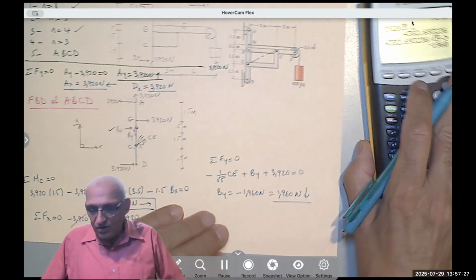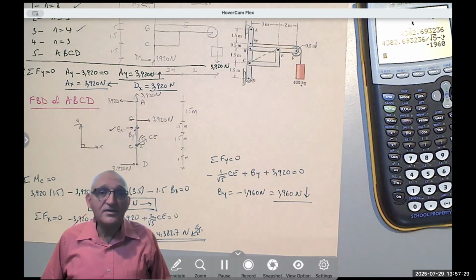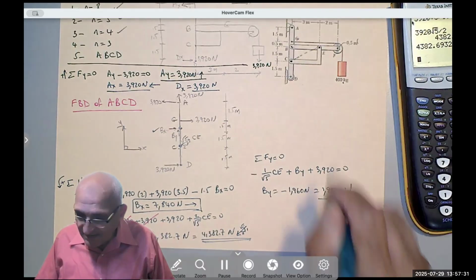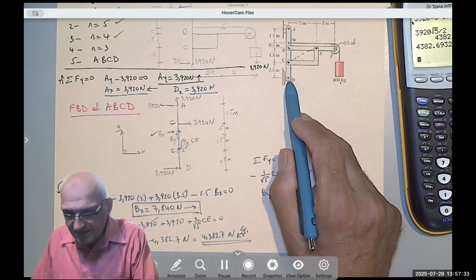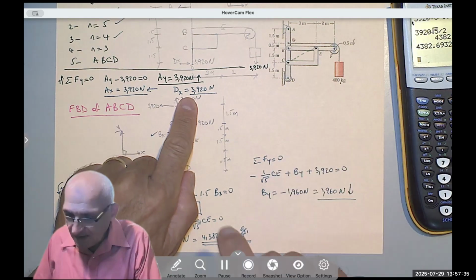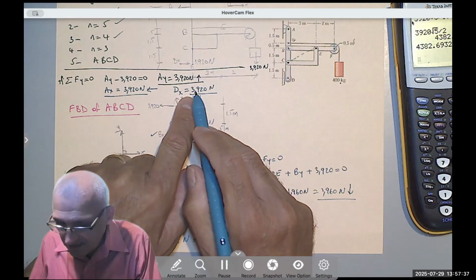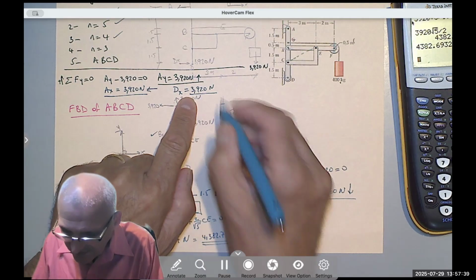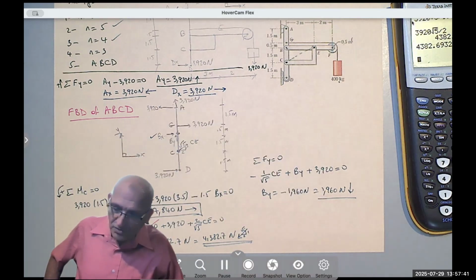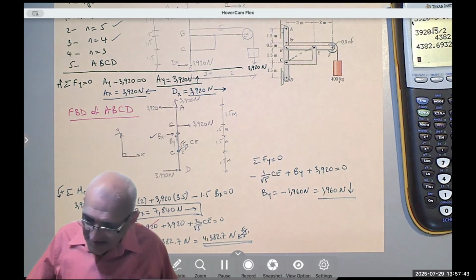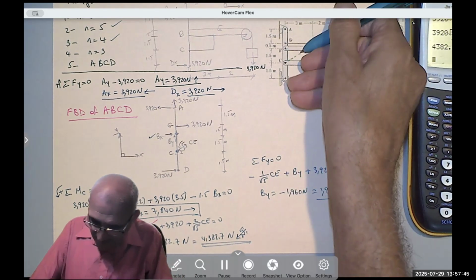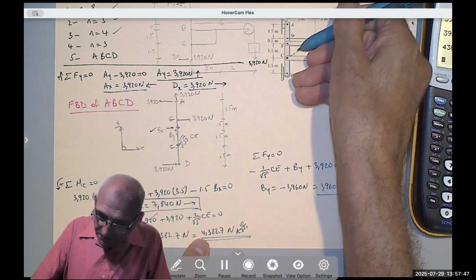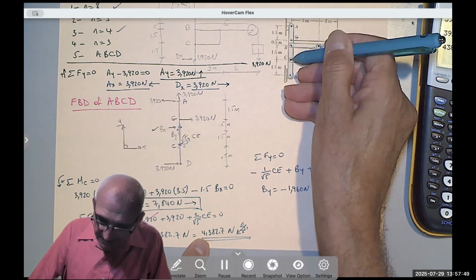And I found all the forces acting on member ABCD. At D, there is dx, and dx, we said it was positive, it's to the right, so I have to show that. At C, there is a force of magnitude 4382 pushing down on this pin.